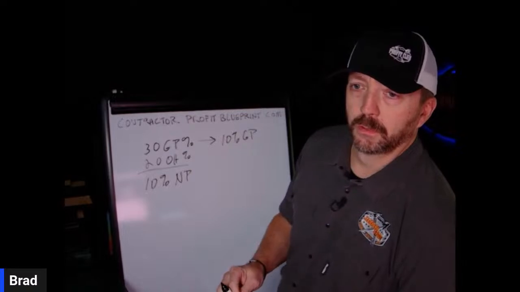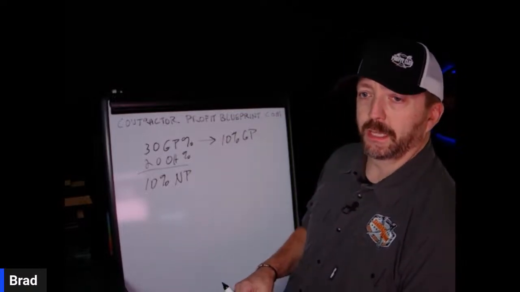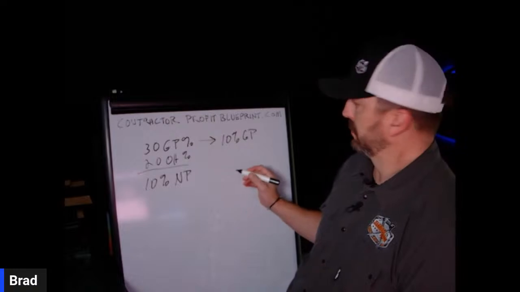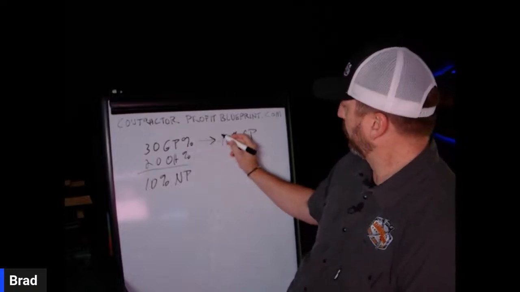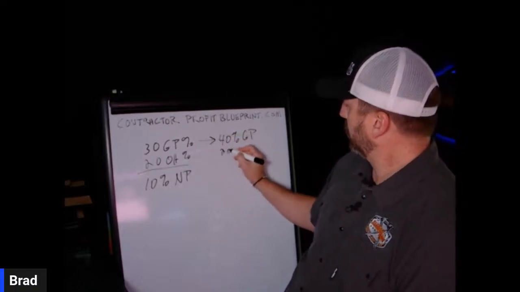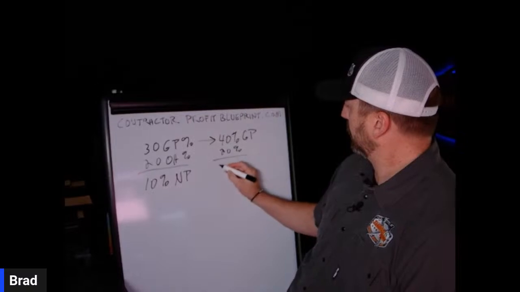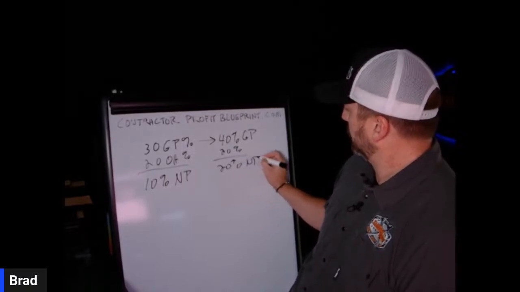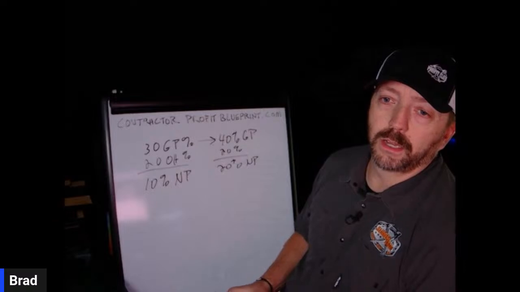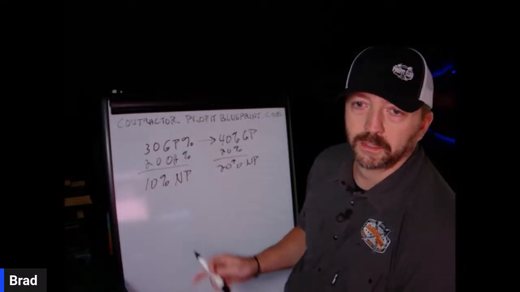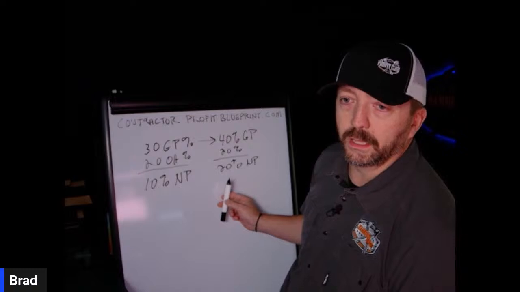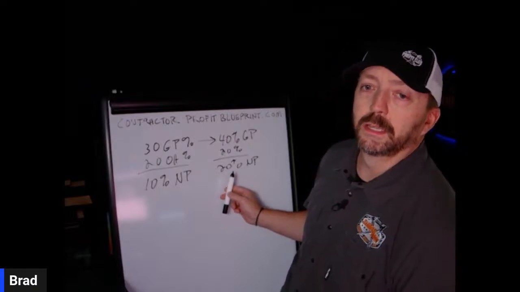Ramert says if overhead stays the same, you get a 20% net. Well, that's true, right? So if we're at 40% and 20%, you end up with a 20% net. But here's the thing you're not understanding. Scooter says you gain 10%.